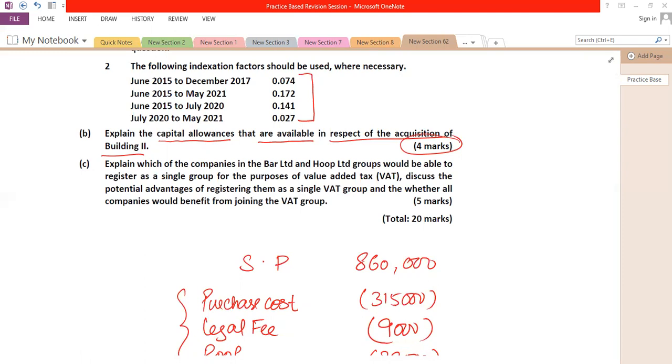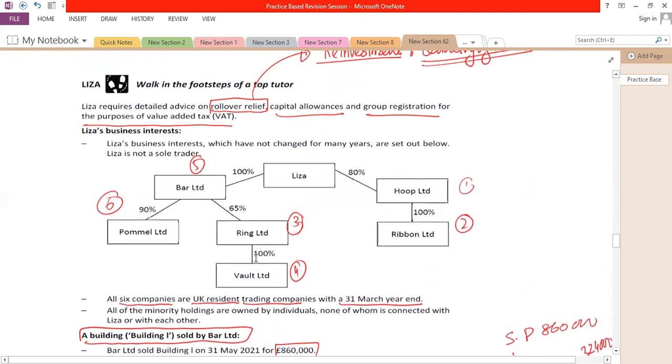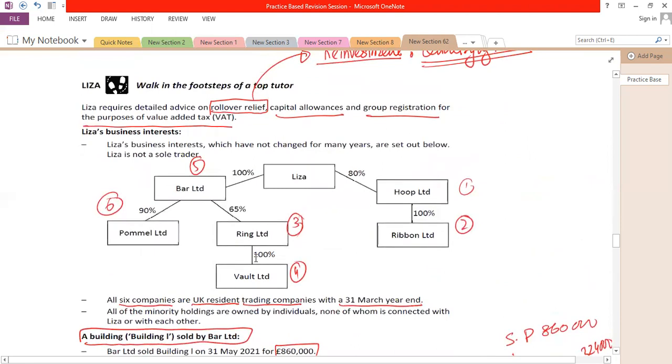So if you can look in the structure, how much percentage is needed for VAT group? How much percentage is needed? Anyone having the knowledge of VAT group? It is an important topic.